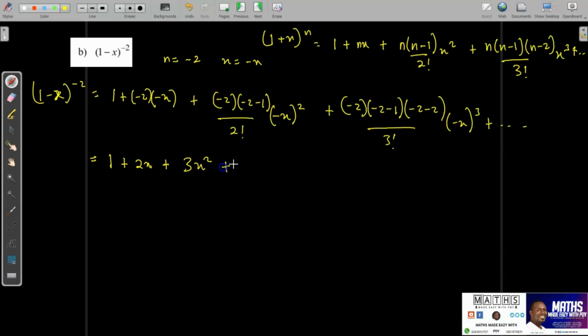So we have positive 4x cubed plus dot dot dot. But for the sake of writing up to the x cubed term, we can leave our final answer as 1 plus 2x plus 3x squared plus 4x cubed. And that is it. Please, are we all clear?